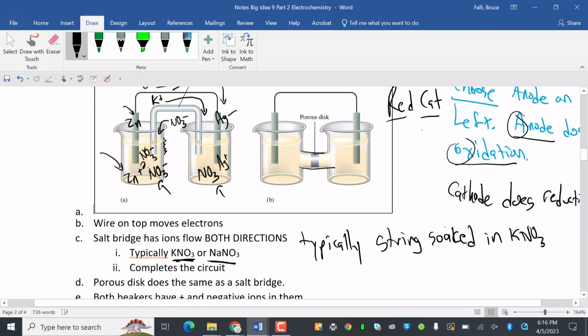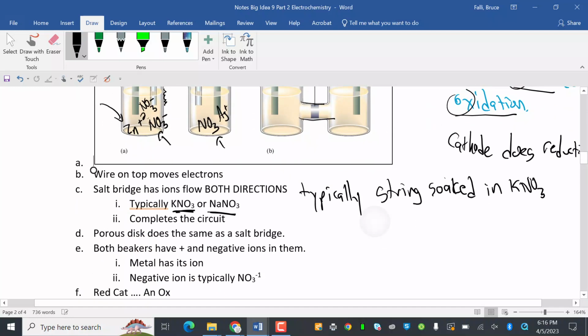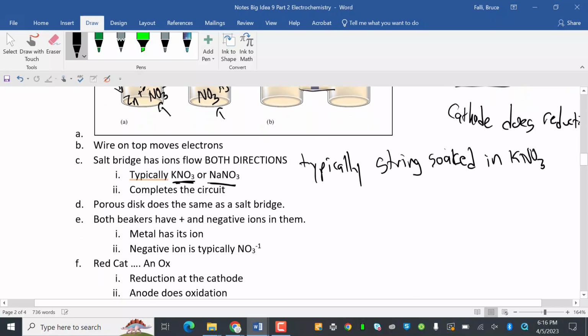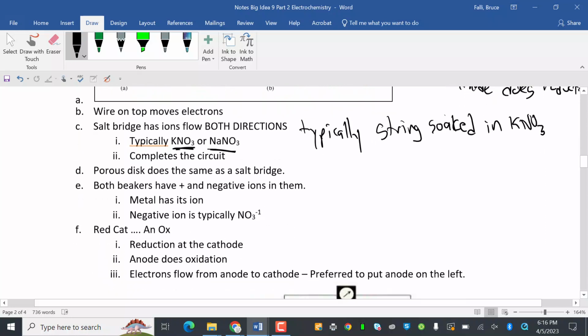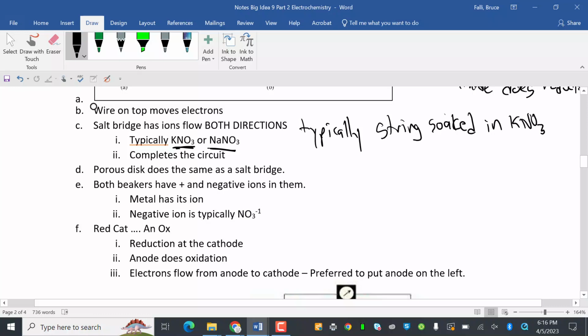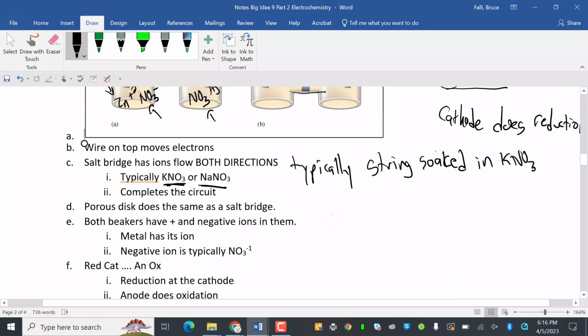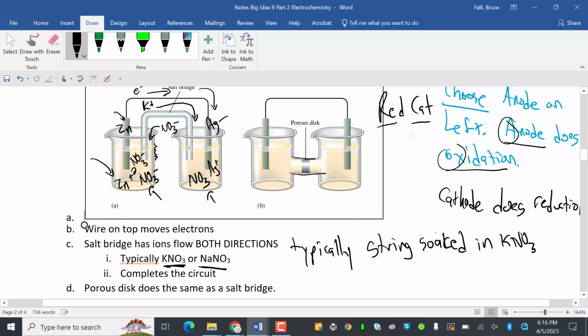Okay. So both beakers have positive and negative ions in them. The metal has its ion. Red cat, an ox. Reduction occurs at the cathode. So reduction means zinc +2 plus 2 electrons yields solid zinc.